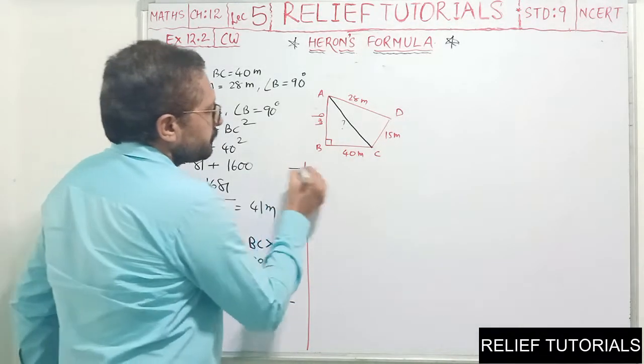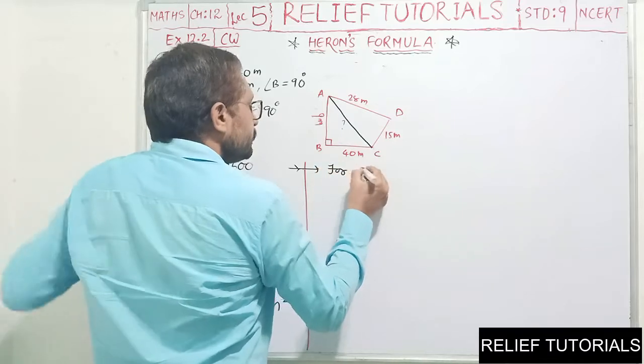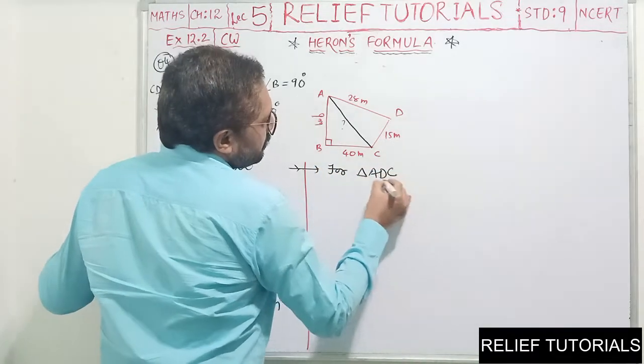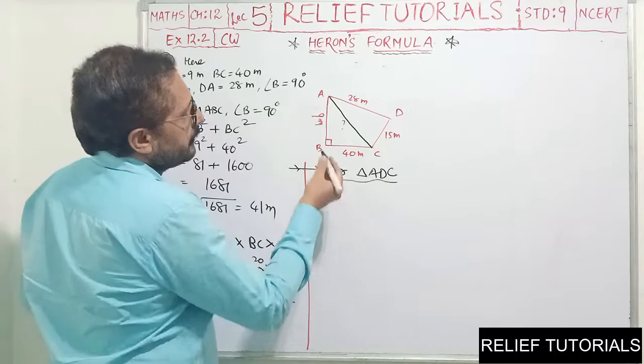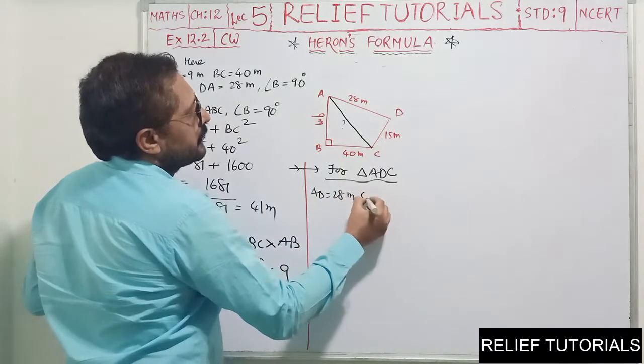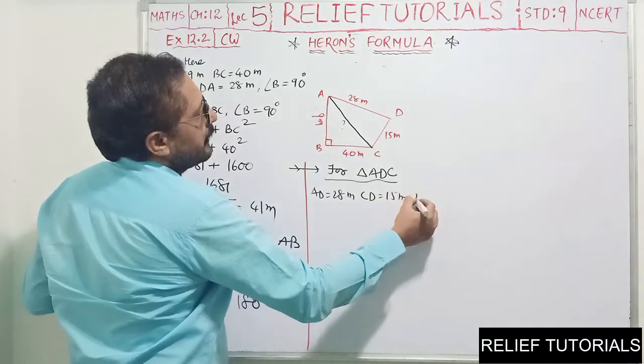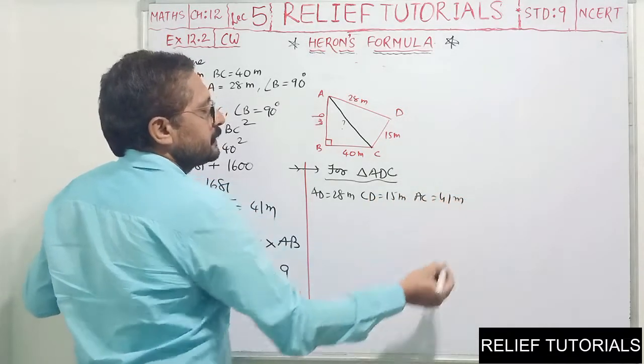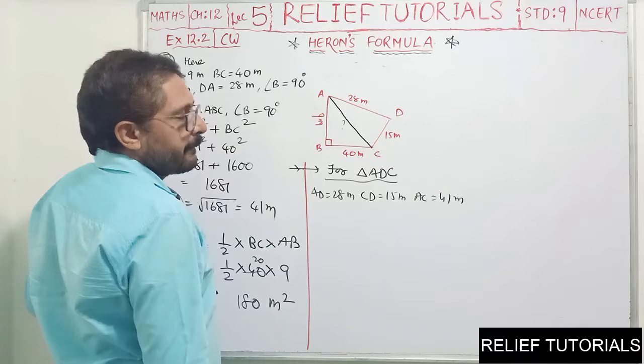Now for triangle ADC, we have AD 28 meter, CD 15 meter and AC 41 meter. Clear?